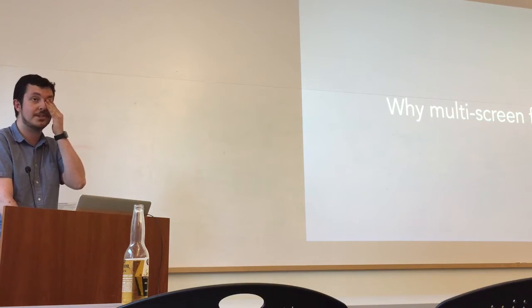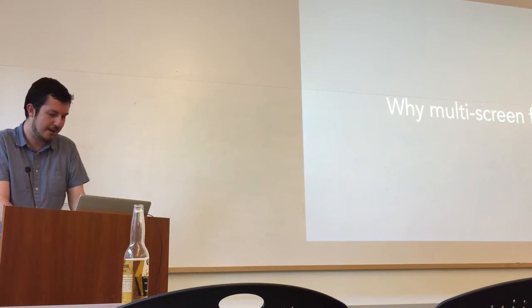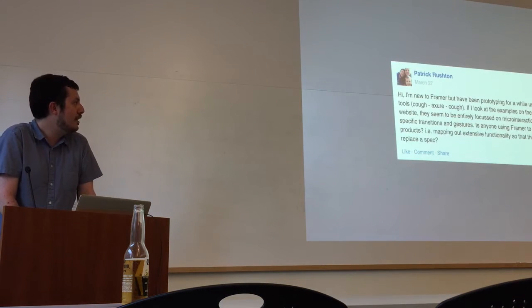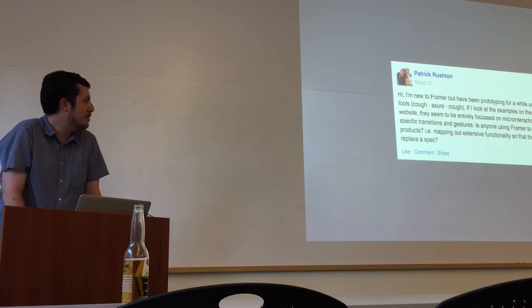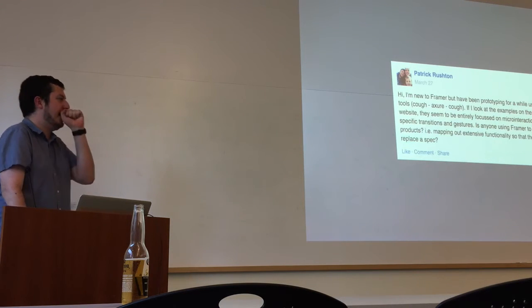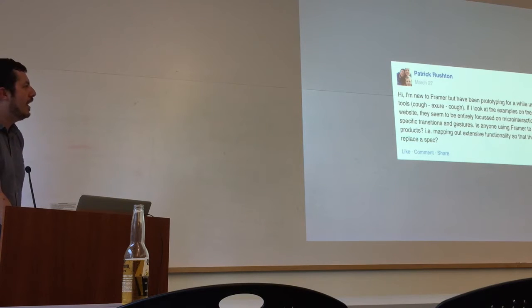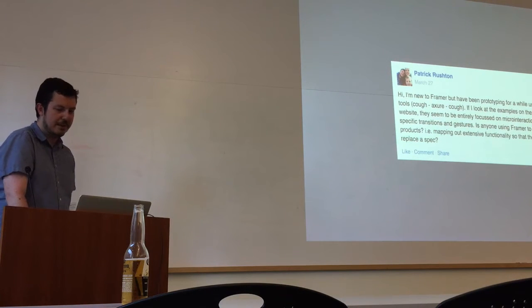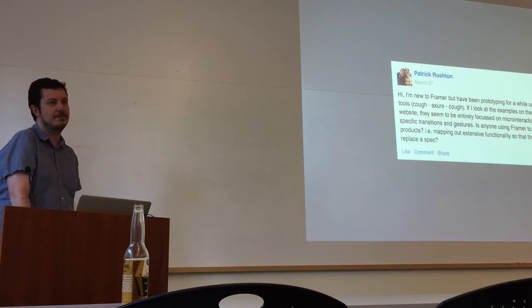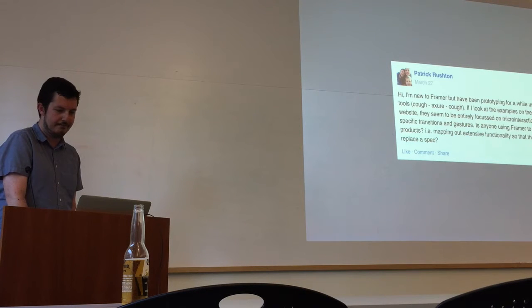But if you do a quick search on the Facebook group for how to do a multi-screen flow, you see a lot of questions like this. Patrick is new to Framer, he's been prototyping for a while, he uses Acture. And if he looks at the examples, he sees that they're all pretty much focused on microinteractions, and that's true. He's wondering, is anybody using these to prototype full products?